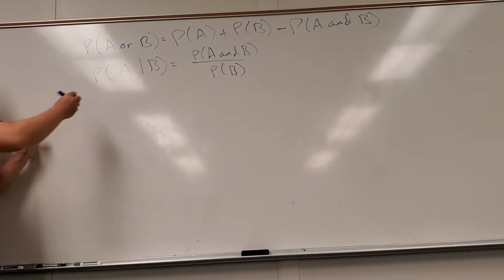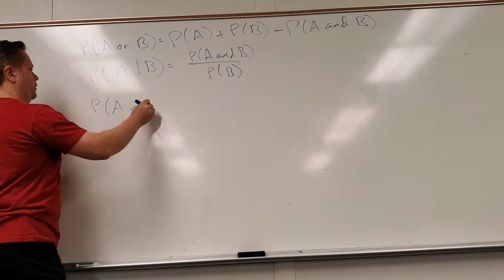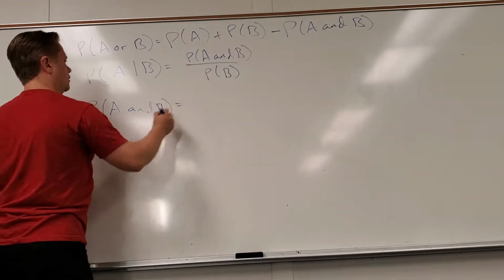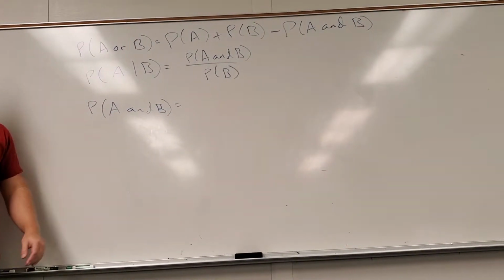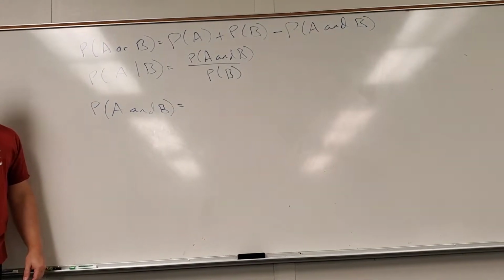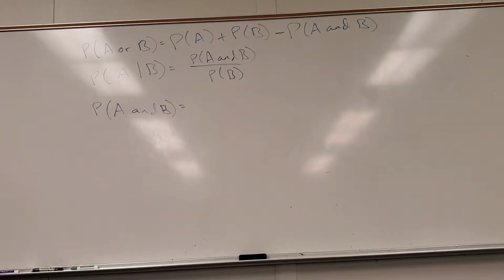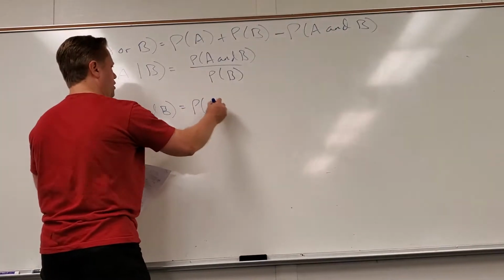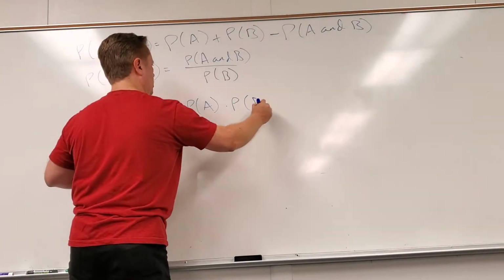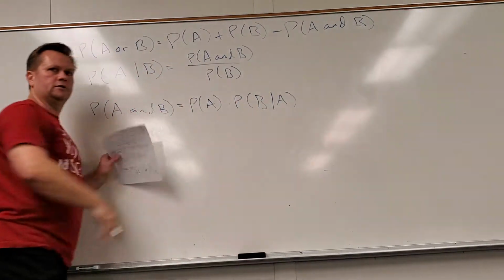And then the formula, one last one, that actually came from this one. What's the formula for this? Times. Yeah, so it's the probability of one of them times the probability of the other one, given that that happened, right?